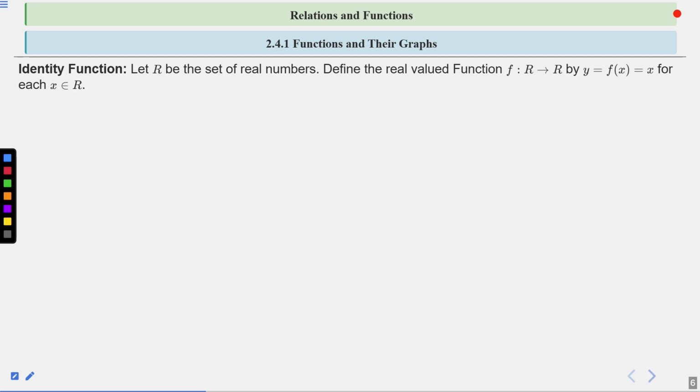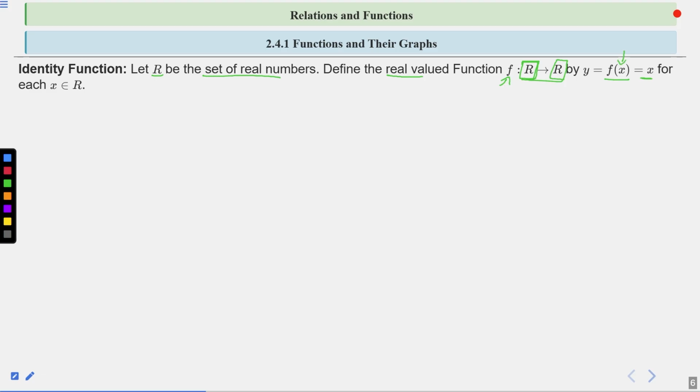Clear? Now, identity function. Suppose R is the set of real numbers, then define a real valued function f from R to R. For any function f, the first set is nothing but your domain set and the second set is nothing but your codomain set. Clear? And it is defined simply by f(x) is equal to x. Meaning what?